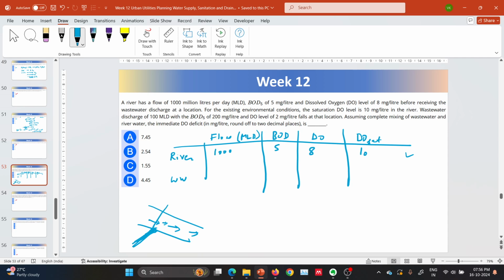So what is the deficit? How much is the difference in the DO level, which was, let's say, 10 here, and how much is the DO level after this discharge? That we want to check. That we'll understand.